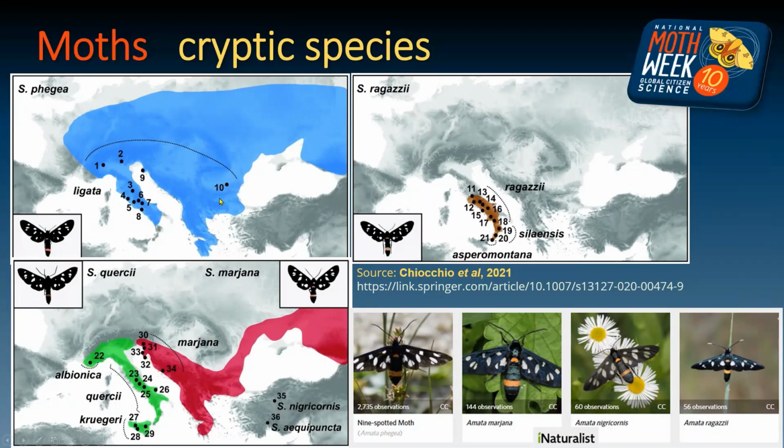There are a number of species within the same distribution of Phrygia, some restricted to Italy, some restricted to the Balkans and then further east north of the Black Sea.